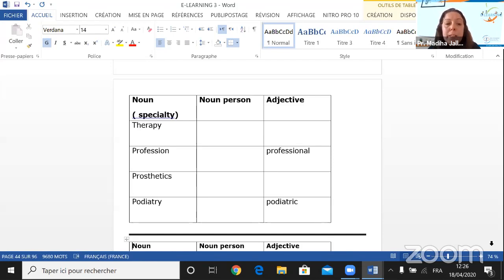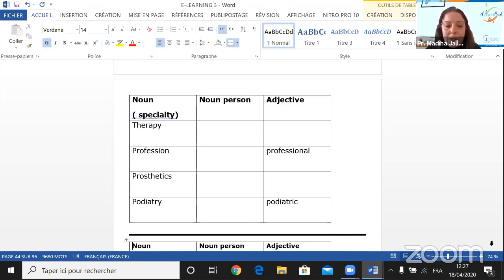Now prosthetics is the branch that deals with prostheses. It's called prosthetics. The person who makes, designs and fits artificial parts of the body is called a prosthetist. Prosthetic, the adjective.